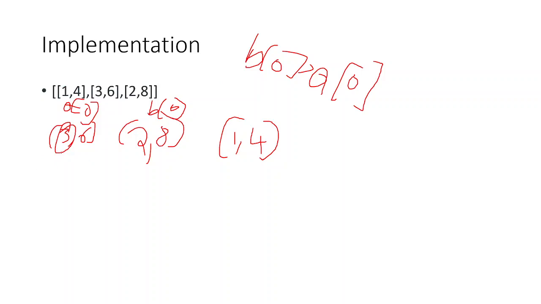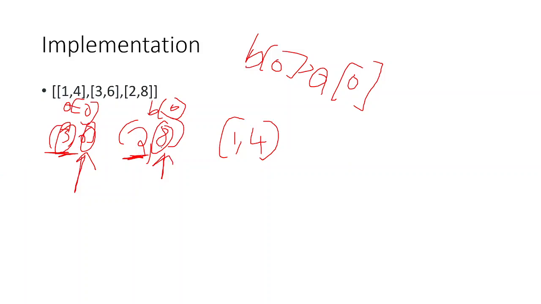Now we can implement the check. Since we already know that the first value is greater than the second value because it's in descending order, we are not checking that.